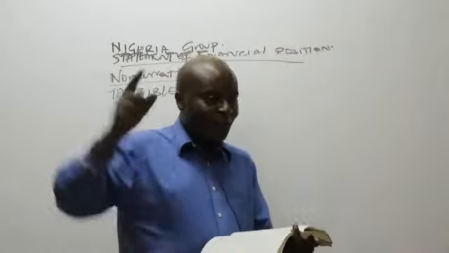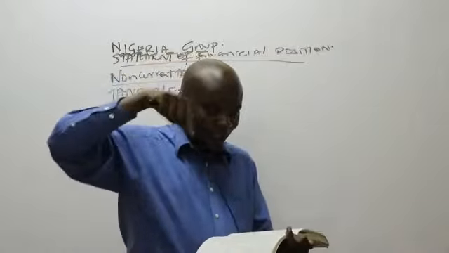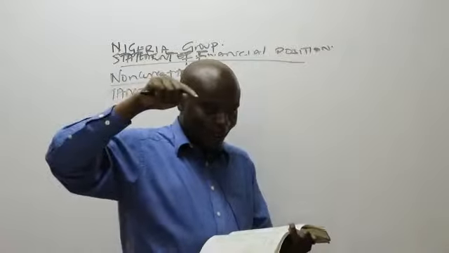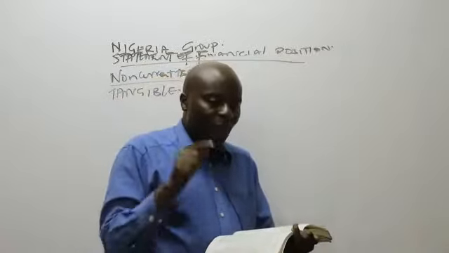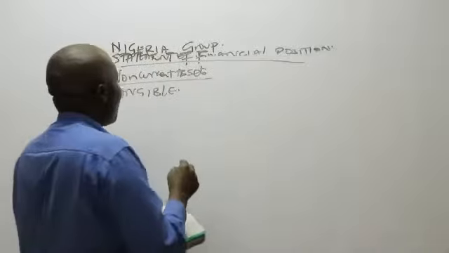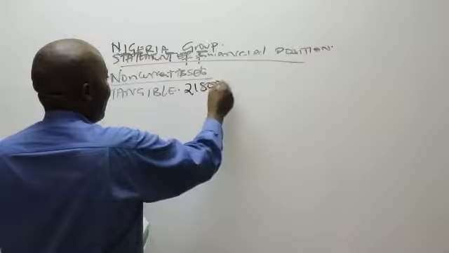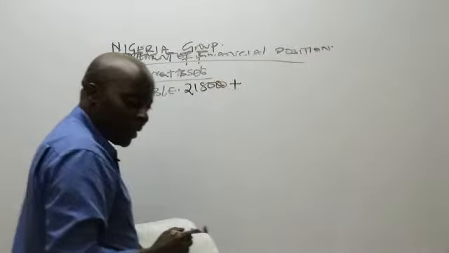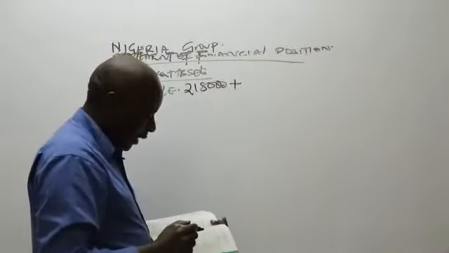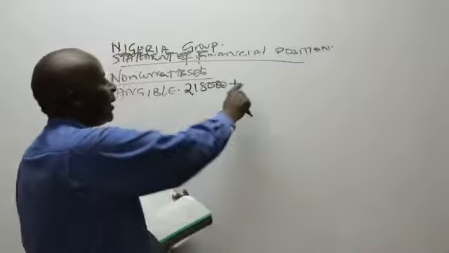Now remember, I've been able to translate the balance sheet of the subsidiary. So for the tangible, the figure of the parent is 218,000 tangible. 218,000 plus the one of the subsidiary.